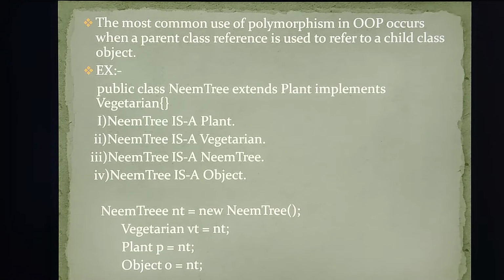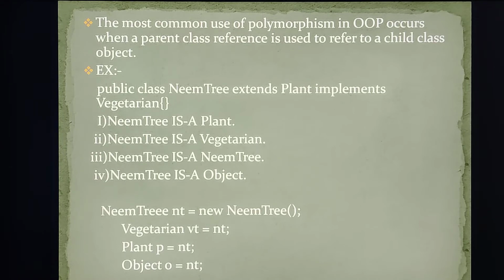When I call the method with p.test, first it will go to the Tree class. In Tree you have the test method? Yes sir, I have the test method. Then the output will come as: my test is very odd, but it is helpful to health.